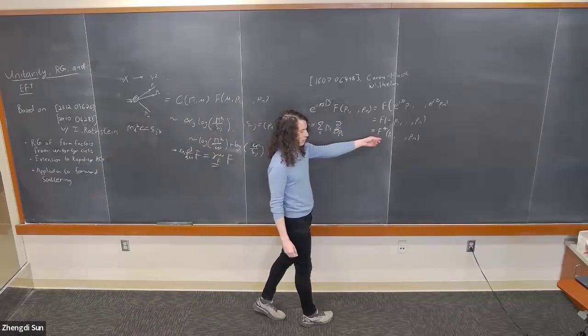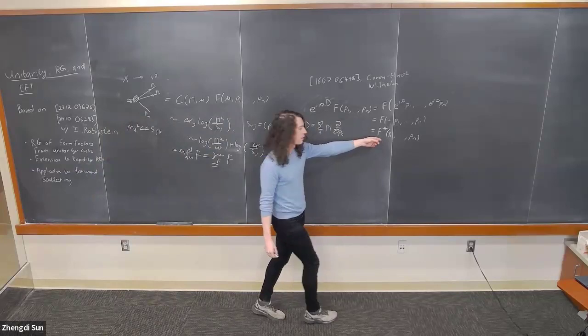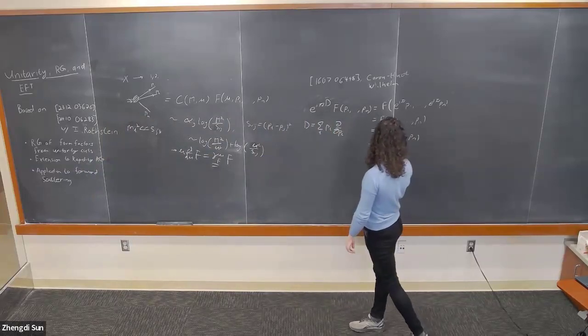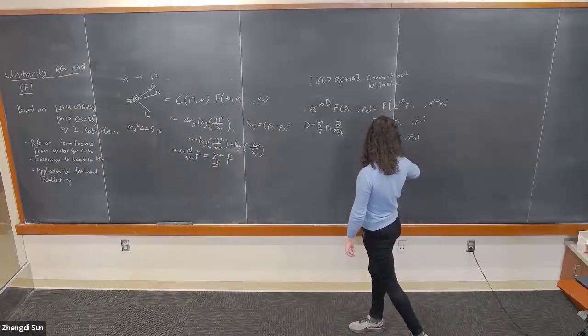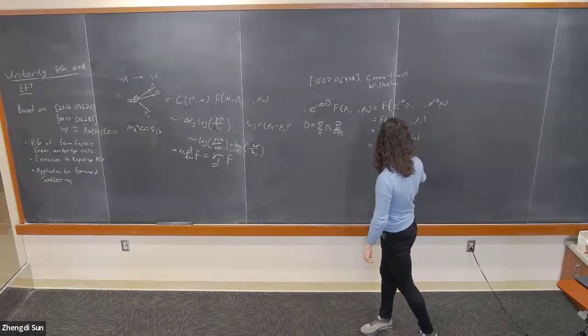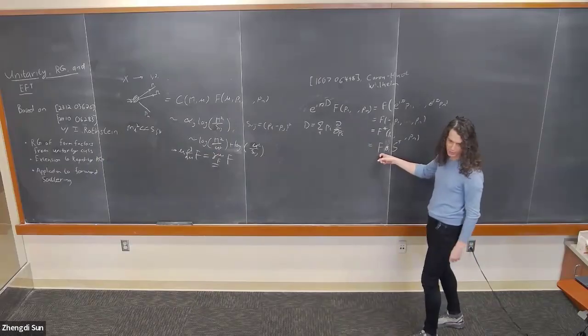Anyways, once you have this complex conjugate form factor, you apply unitarity, and essentially what that gives you is, roughly, the S matrix acting on our form factor.